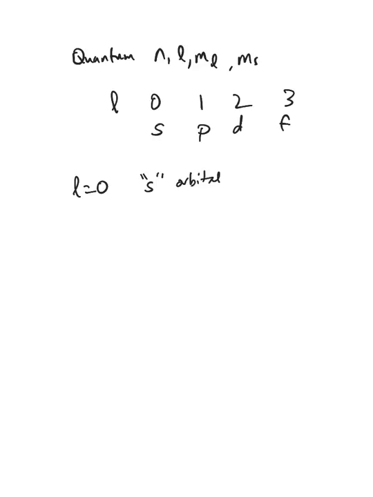And I invite you to look in your textbook at more complicated, in-depth diagrams of all of these. What we're trying to do is show the probability of finding an electron. Remember that the atomic orbital doesn't really have a well-defined shape. It's a wave function.